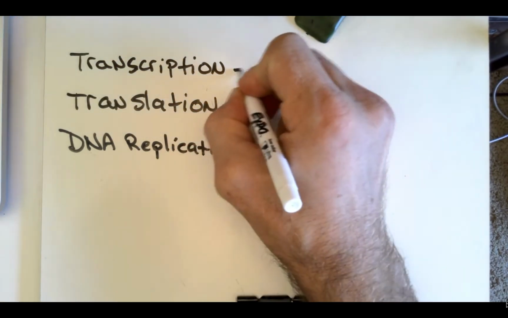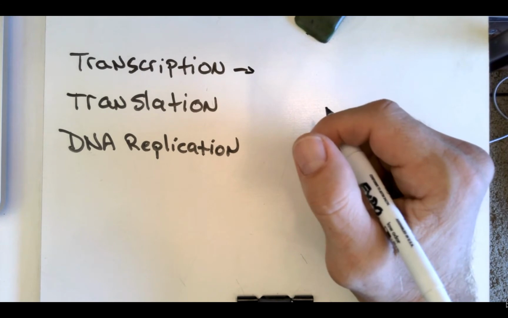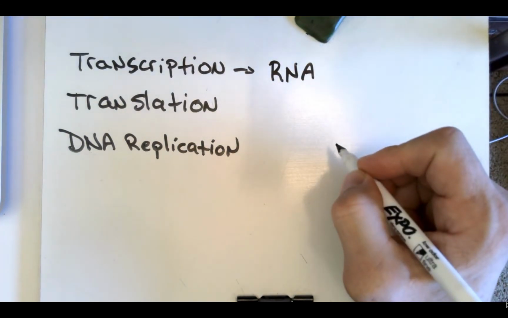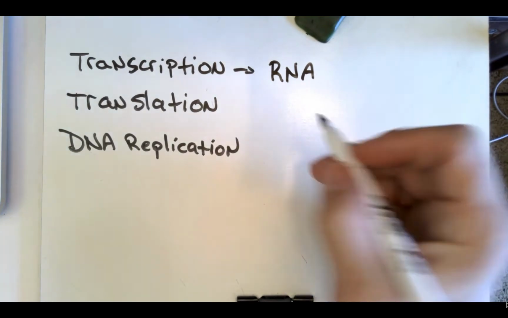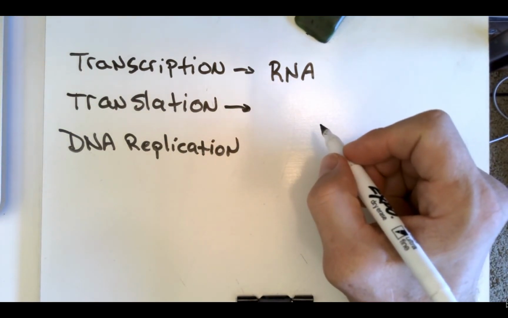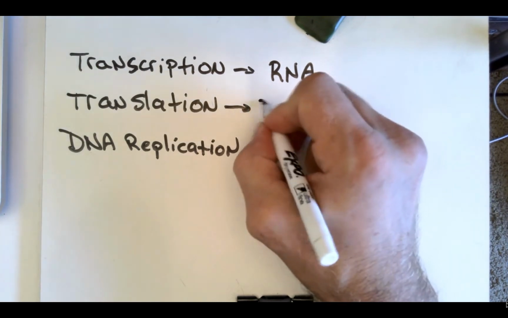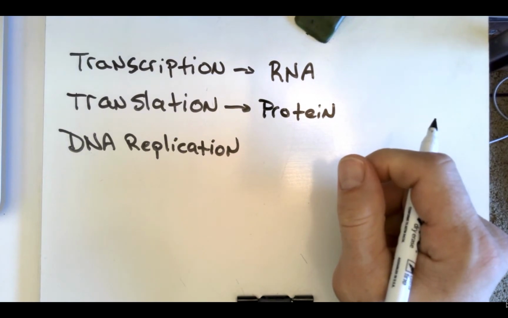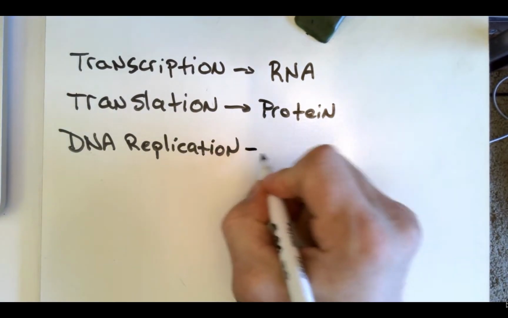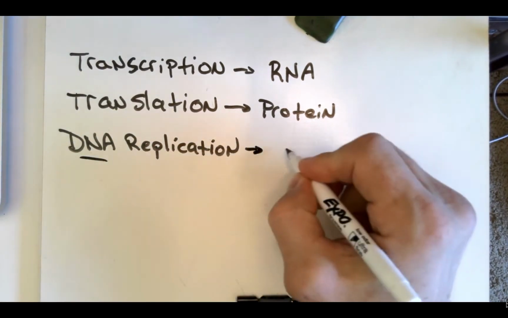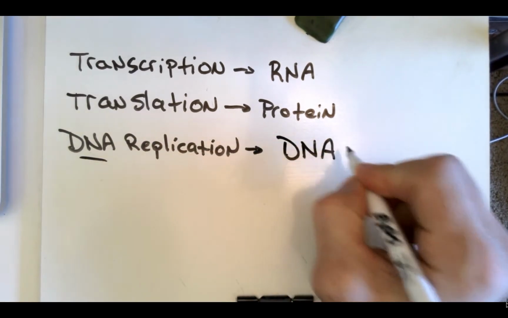Now, transcription is the synthesis of RNA, which is a polymer. It's a nucleic acid. Translation is the production of protein. It's a polymer. DNA replication is the production of, as you can guess, DNA.